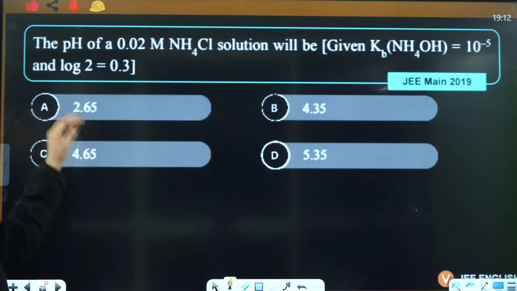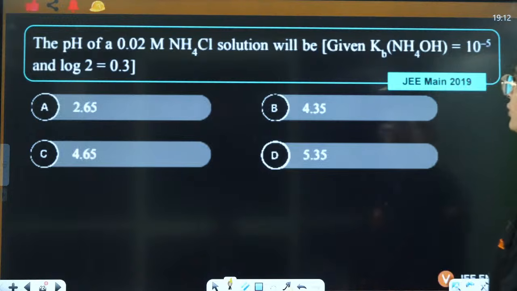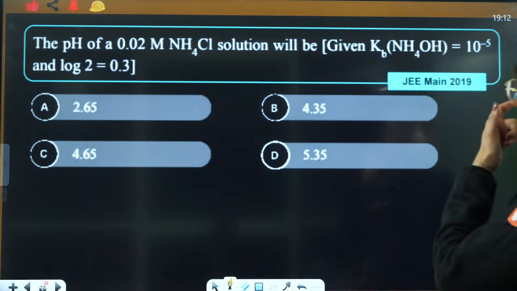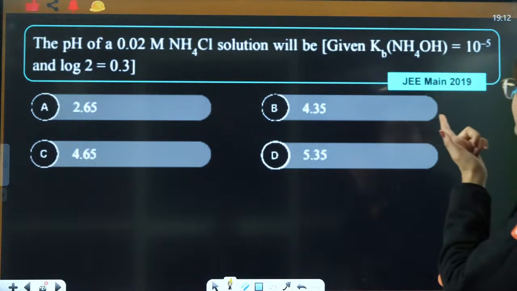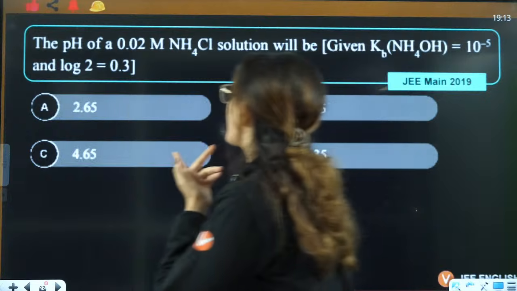Okay. They are asking the pH of this much NH4Cl solution, a JEE 2019 question. NH4Cl is formed from a strong acid and a weak base. Since the weak base is there, Kb is also given, and the concentration is also given.